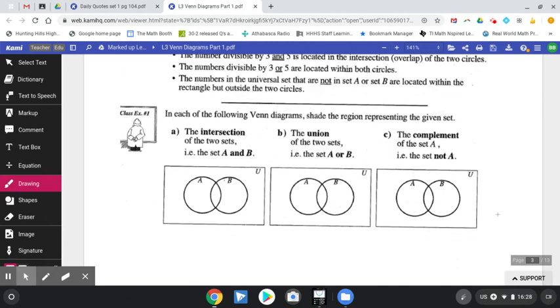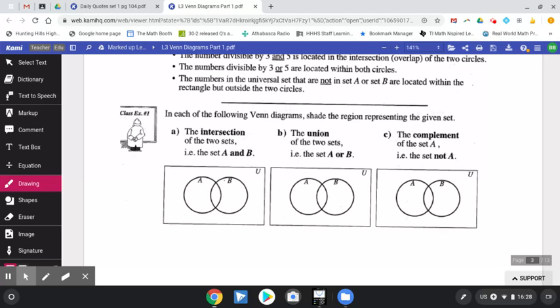In example 1, what we're looking at here is shading in an area that's been described. So it says in each of the following Venn diagrams, shade the region representing the given set.